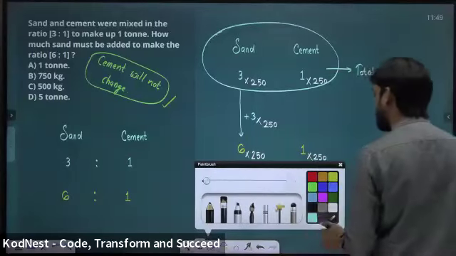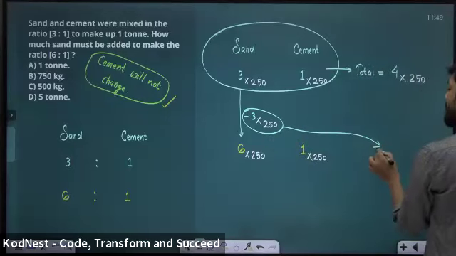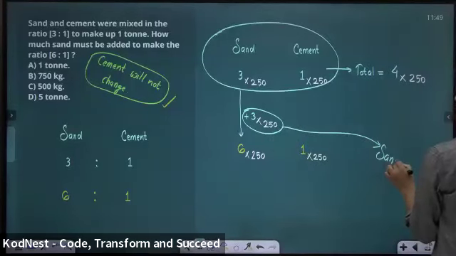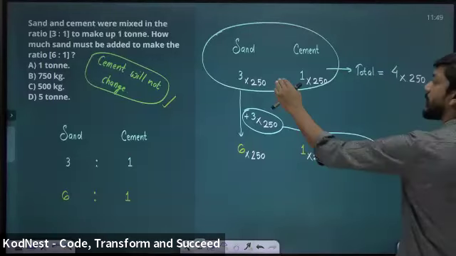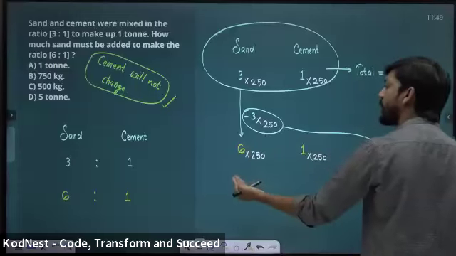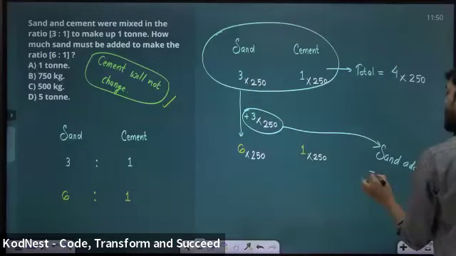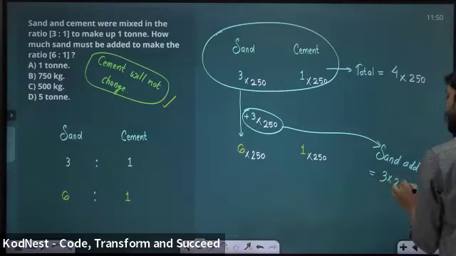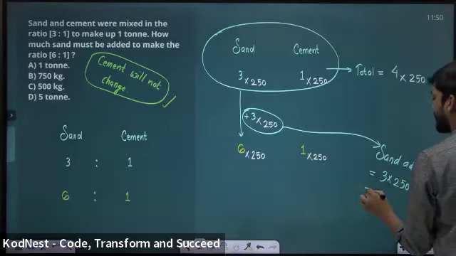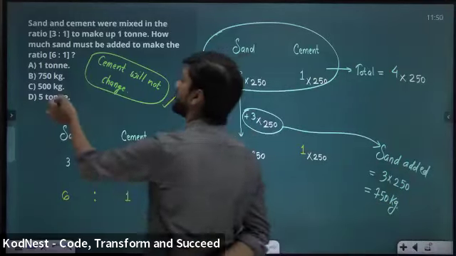How much you are adding is this. So this is the sand added. Okay, this is amount of sand, old value. This is amount of sand, new value. How much you have added? So sand added is 3 into 250, that is 750 kg.